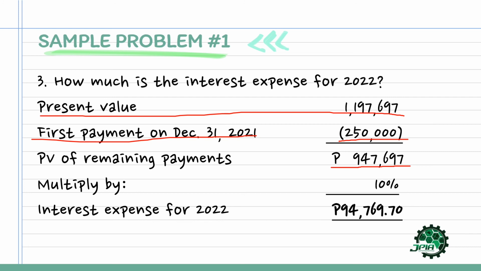Then, imumultiply natin siya by the prevailing interest rate, which is 10%. And the interest expense for 2022 is 94,769 pesos and 70 cents. So, ganun lamang ang pagkuha ng interest expense for the succeeding years.